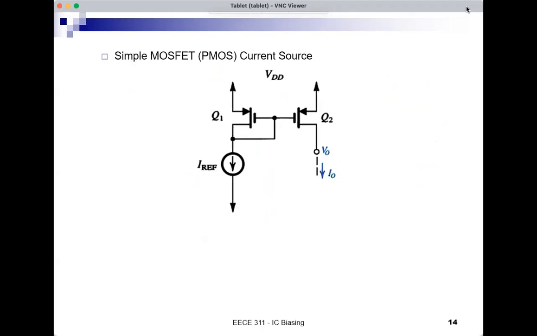So the rest of the circuit would be, in this case, connected here. And what does it feel? Now it feels that there is something. What is this something? The Q1 and Q2. The current is being sourced, given to the rest of circuit. So this is a current source.